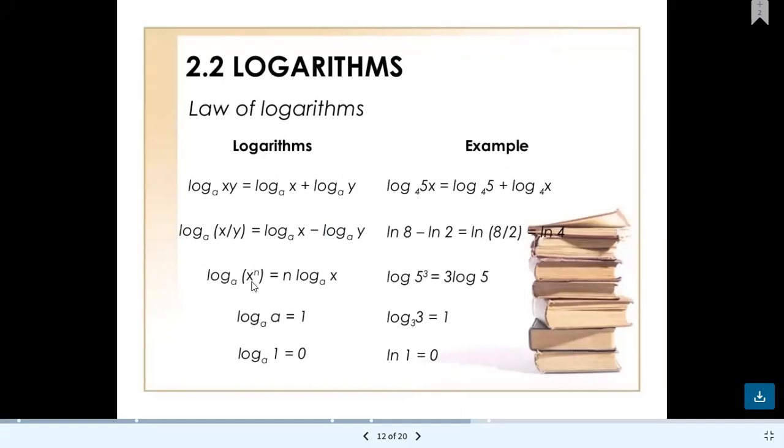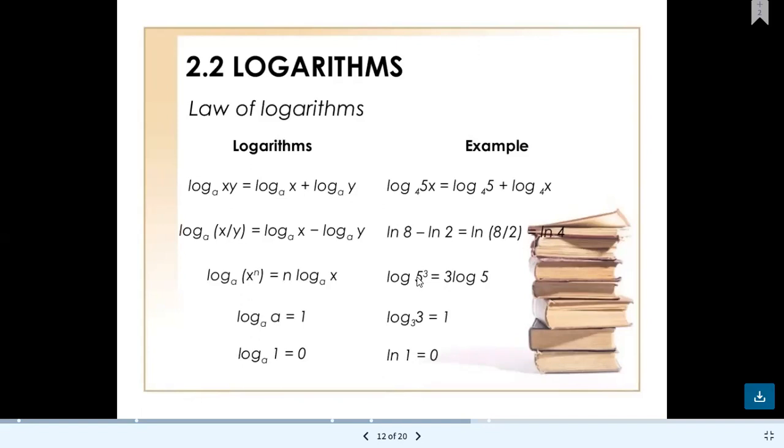Okay, so another law, log A x raised to n. So ang mangyayari, yung exponent natin, ilalagay natin sa unahan, n log A x. Okay.